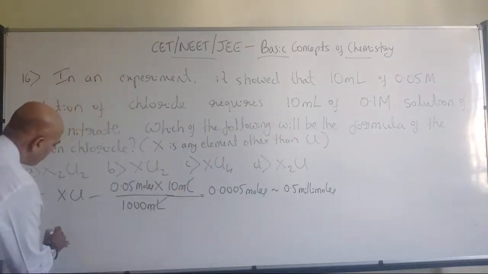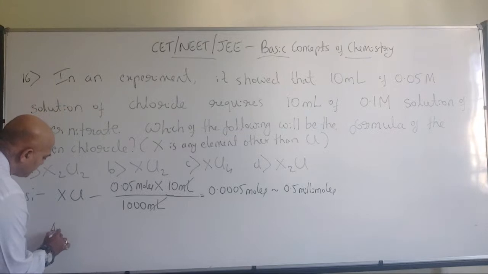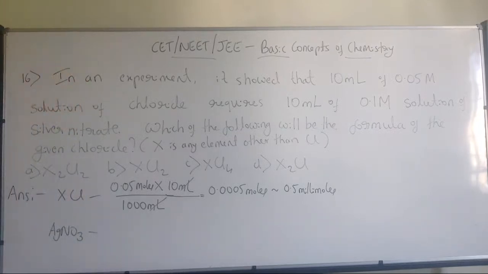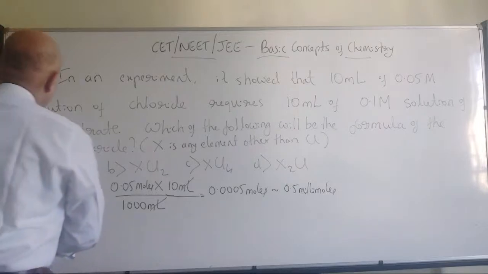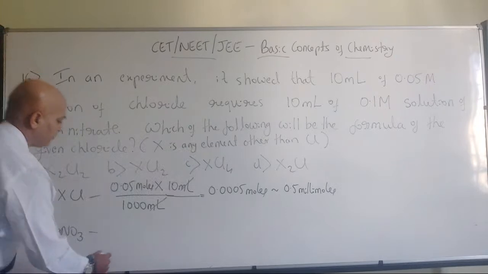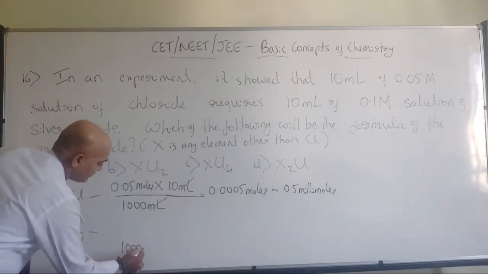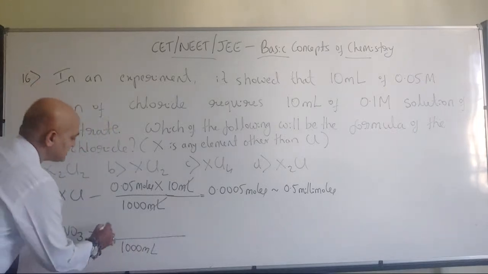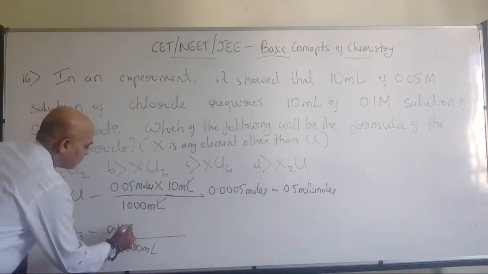Now, silver nitrate is nothing but AgNO3, which you are going to use in your salt analysis once you start your practicals. Silver nitrate is 0.1 molar. For 1000 ml it is 0.1 moles.